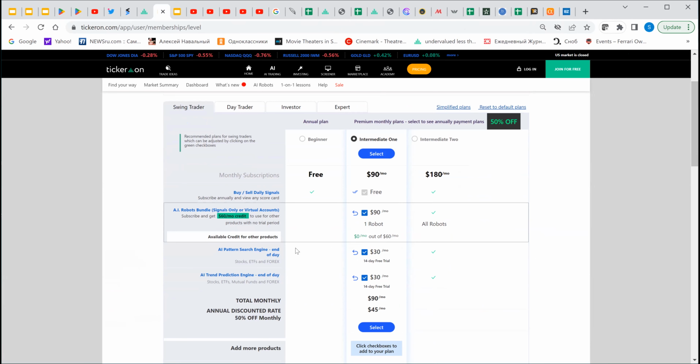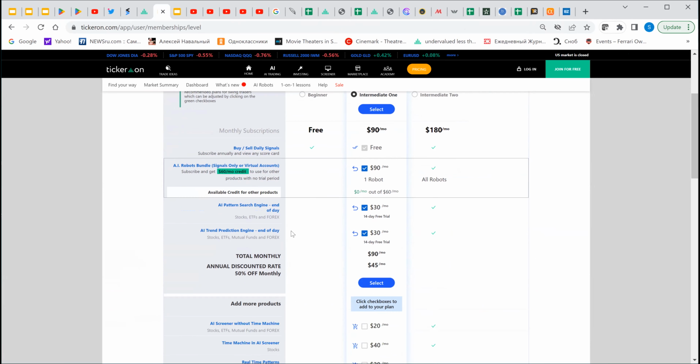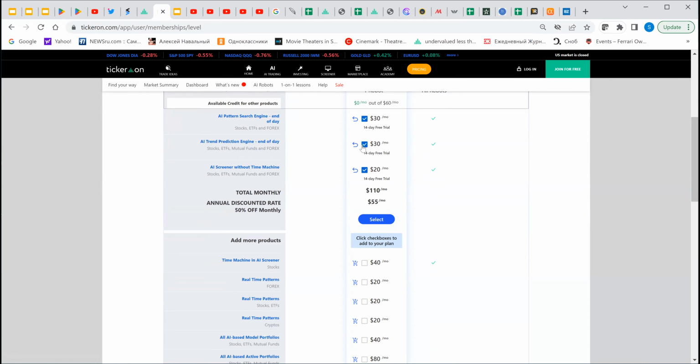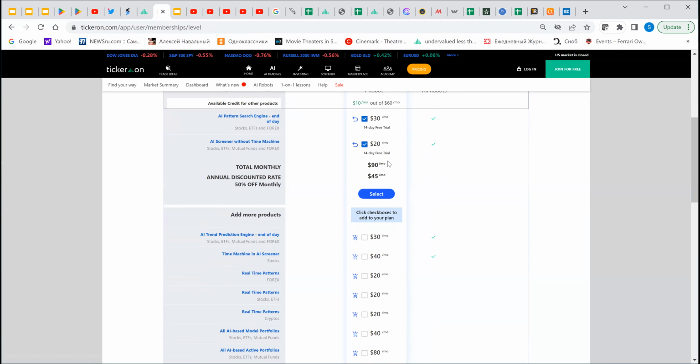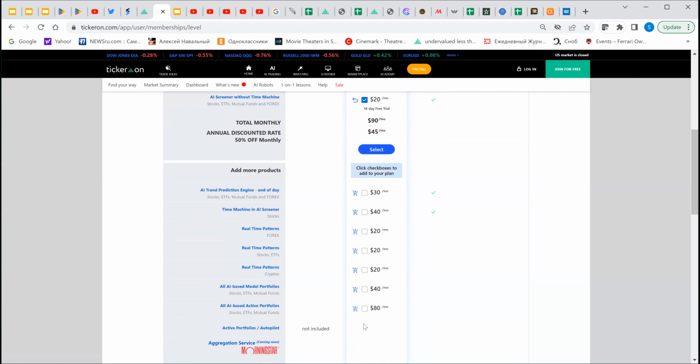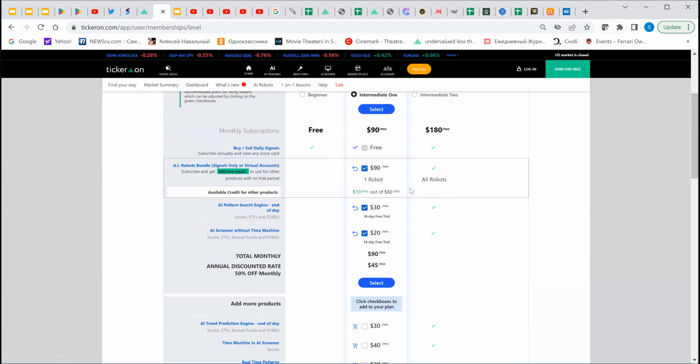What it means is you can really study and use either the pattern search engine or the trend prediction engine, or you can put in a screener, and then unclick it. So that means you have an extra $10 left. If you have $90 per robot, you get a $60 credit, so you can select quite a lot of different products additionally.